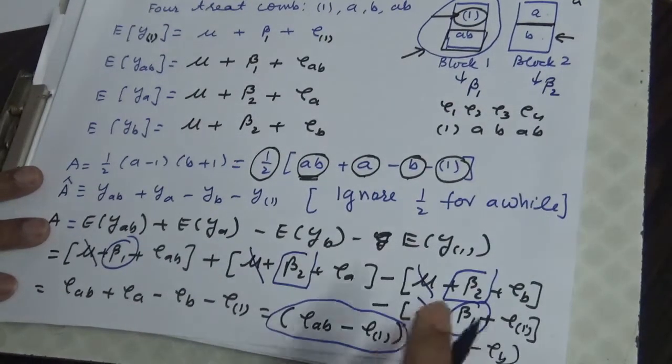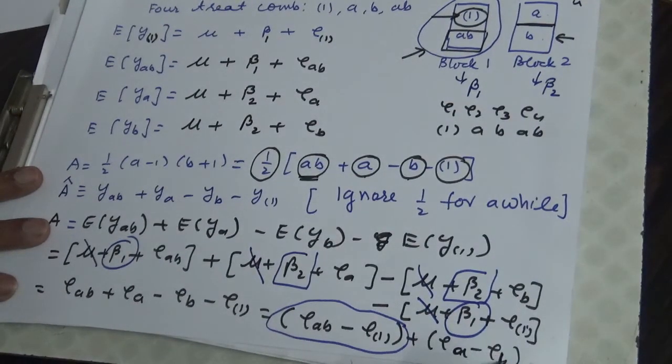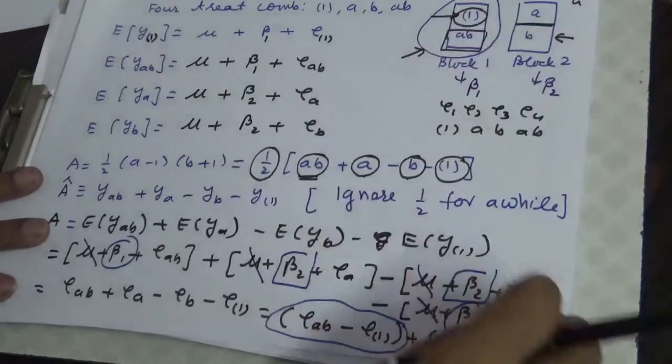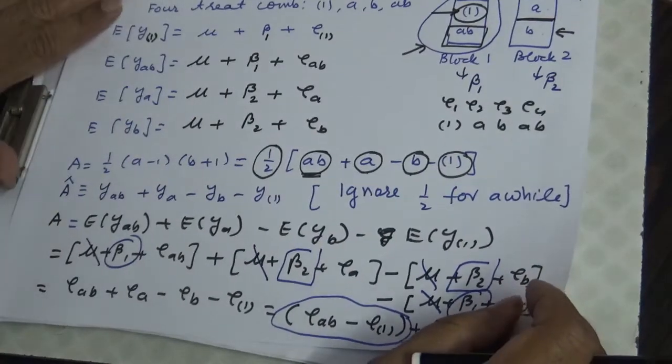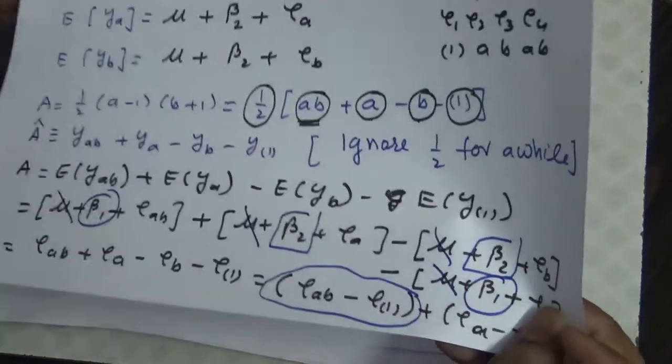And similarly, if you see here, I have written tau A minus tau B. So these are the two effects A and B which are occurring in block number 2. But what is the implication of this? I will explain to you in a couple of minutes.